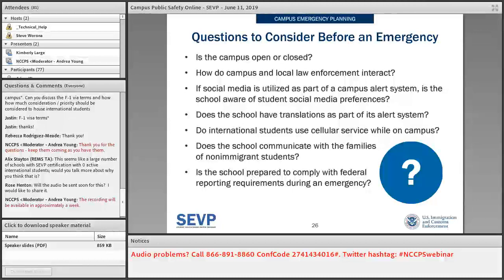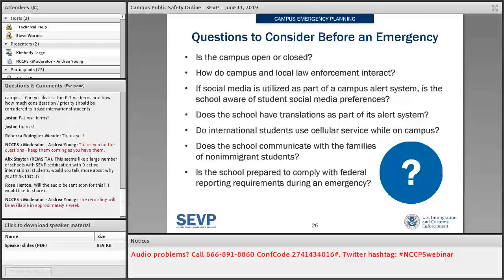Something else to consider is, do the schools have translations as part of their alert system? If everything's coming through in English, but a majority of your students on campus are, let's say, Mandarin speakers, are they going to understand terms like hurricane, tornado, active shooter, things like that? So it's important to maybe have some translations.